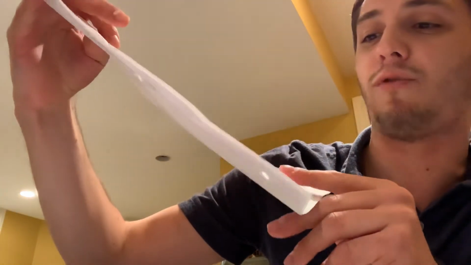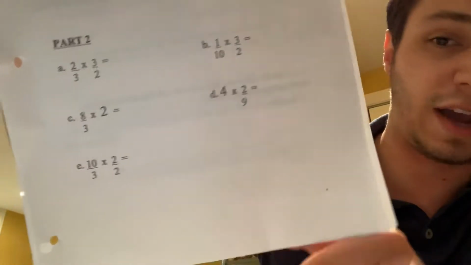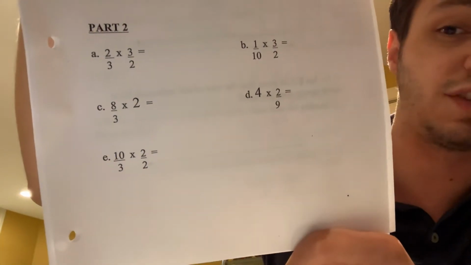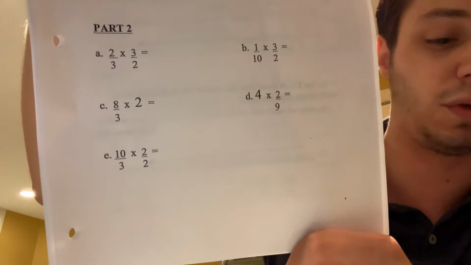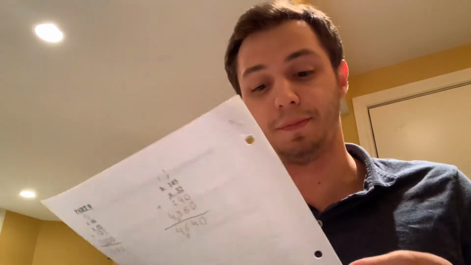But we also have one where it involves a fraction and a whole number, such as for part C, we have 8/3 multiplied by 2. So I'm going to do the first 3 with you guys, and then I want you to work on the next ones on your own. So parts D and E for this section, I want you to work on your own.